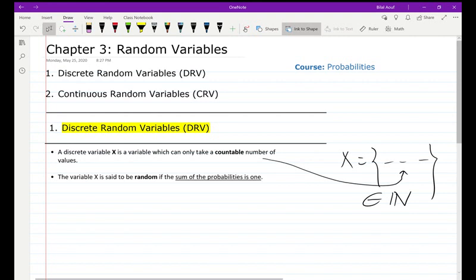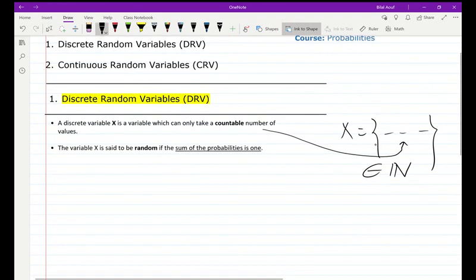Let's go back to previous lectures and explain how we can have a statistical experiment, then the sample space, and how to get the values of X from the sample space. For example, we have a statistical experiment.